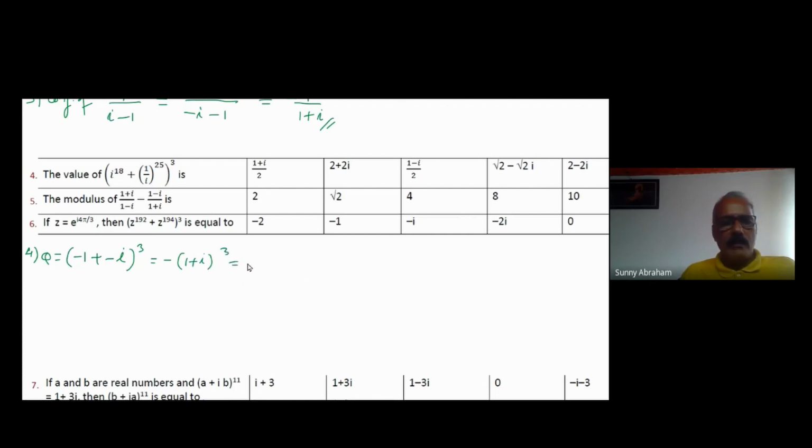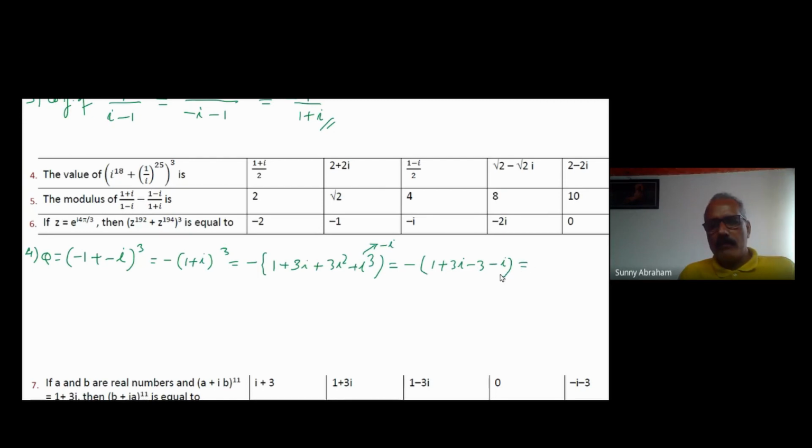That is, this is minus of 1 plus 3 iota plus 3 iota square plus iota cube. So this is minus of, we have minus iota cube is what? Minus iota. So it will become 1 plus 3 iota minus 3 minus iota.